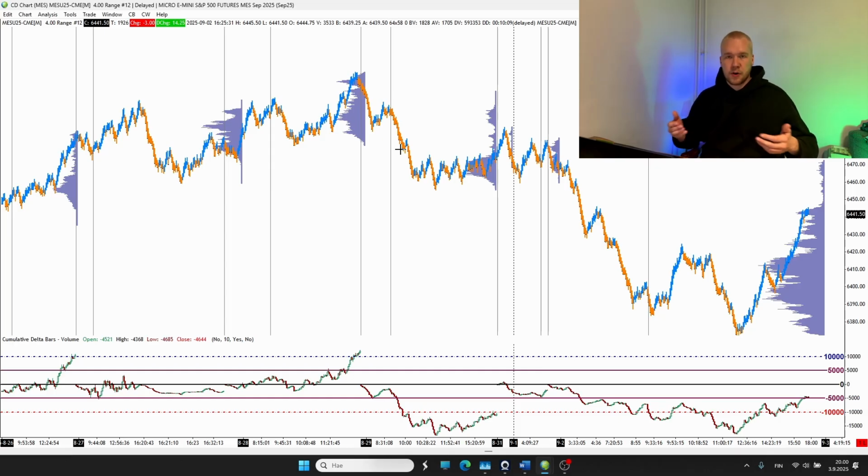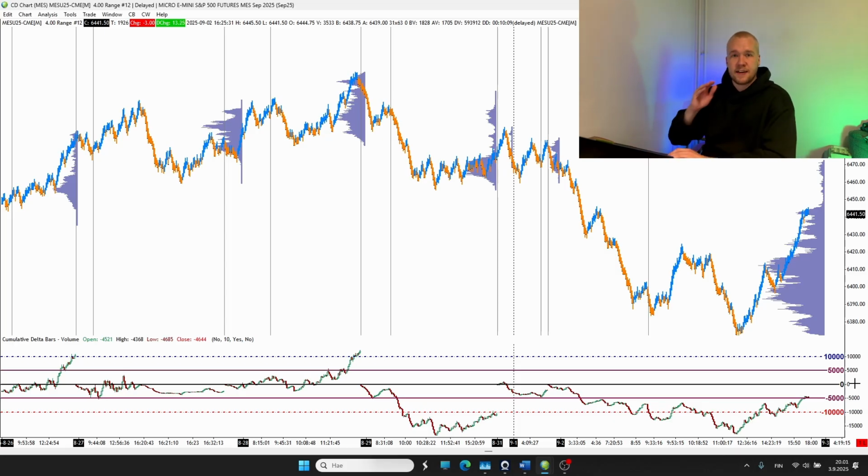It's kind of irrelevant. When I see traders talk about the cumulative delta, I've seen quite many videos discussing how you can use the delta divergence as an entry. We are talking about less than 5,000 delta here.